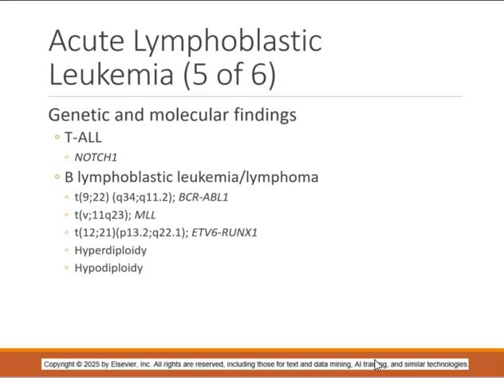That's why it's such an accurate type of diagnosis. The B lymphoblastic, you can see there's translocations, which is a BCR-ABL, the translocation of 9;22. Translocation, which is variable, which is seen in mantle cell type of lymphoma. Translocation 12;21, and you can see the RUNX1, hyperdiploidy, and hypodiploidy. So it depends on what you're seeing.